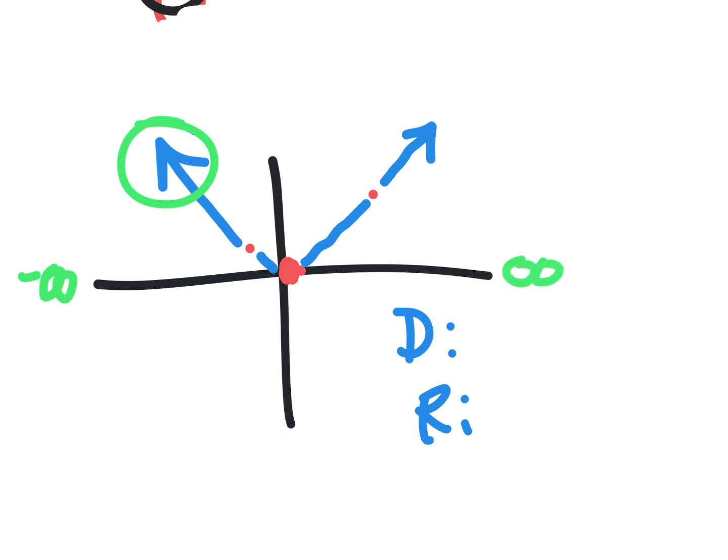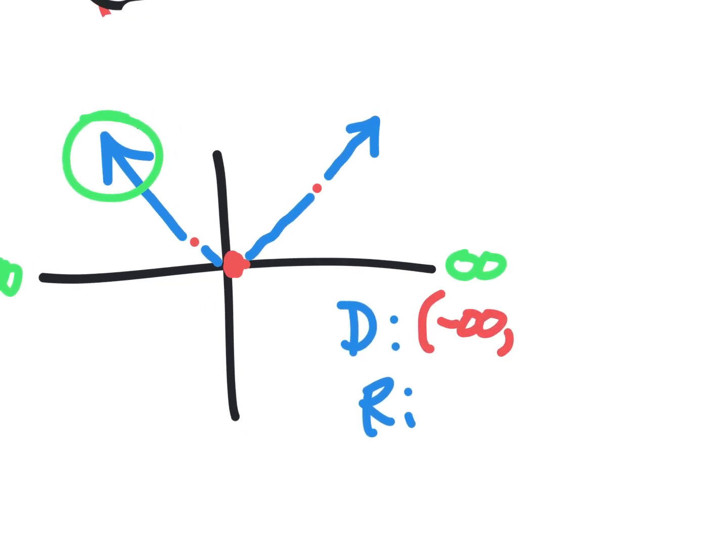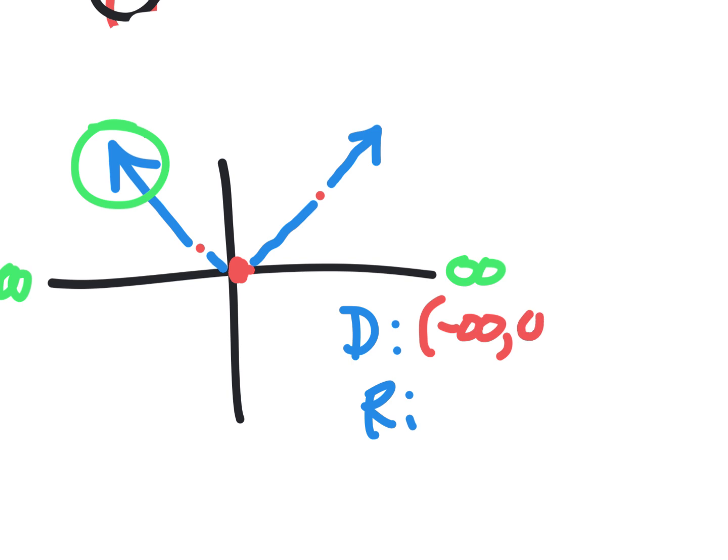So this function, if you let it just keep going, do you agree it is going to go forever to the left and it'll go forever to the right? So your domain is forever to the left, which is negative infinity, to forever to the right, which you can use this sideways 8, or if you really like, you can write INF for infinity.